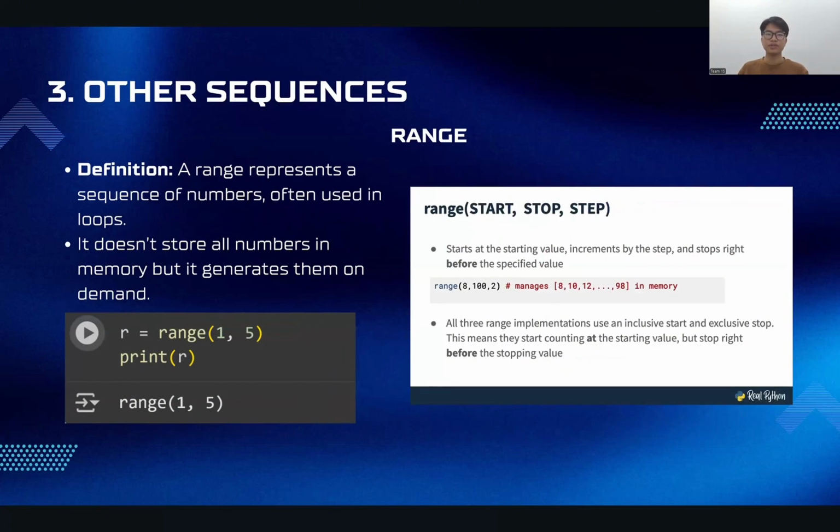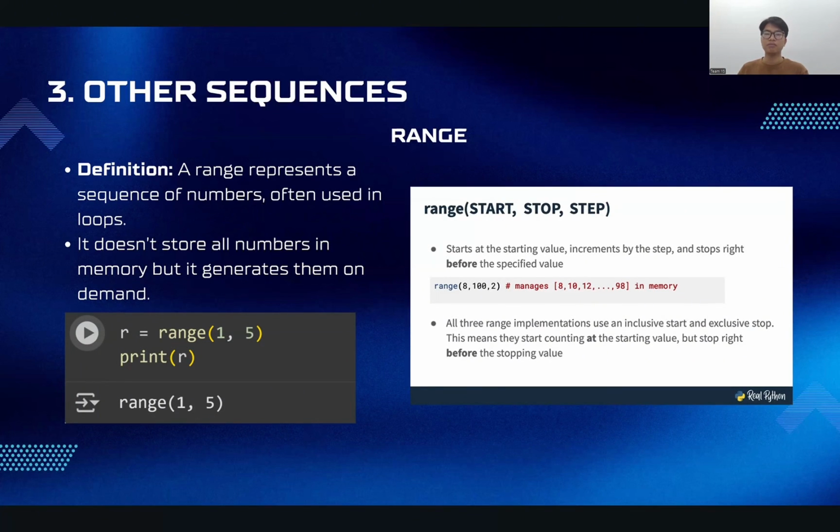The third sequence is range. Range represents a sequence of numbers and is often used in loops. It doesn't store all numbers in memory, but it generates them on demand. So on the right-hand side of me is the complete syntax of range. The first number is start, the second is the stopping number, and the third one is the stepping number.